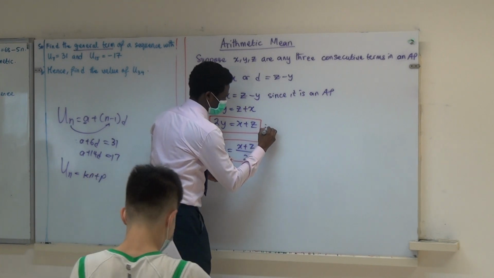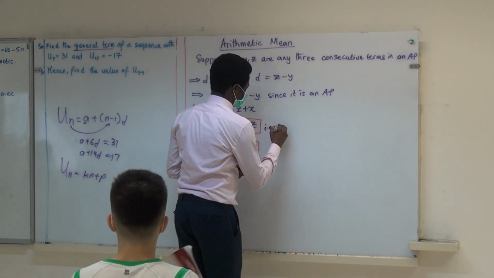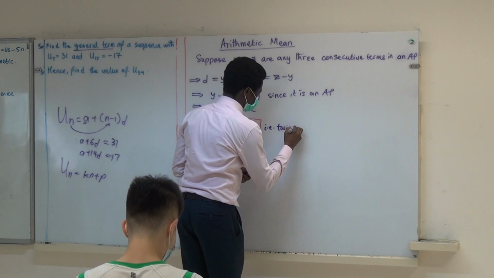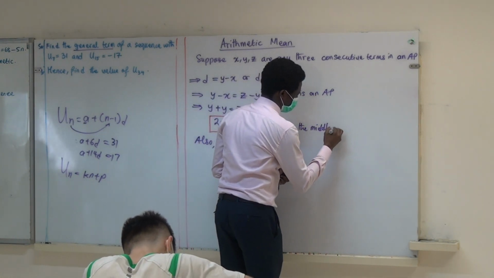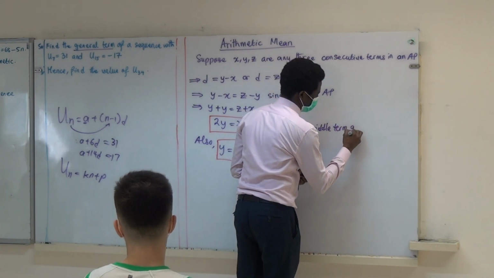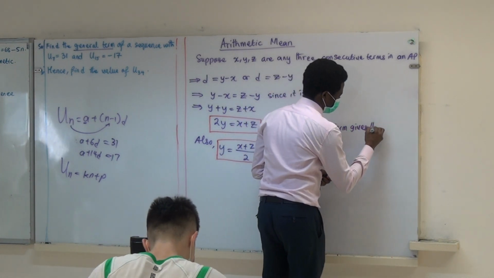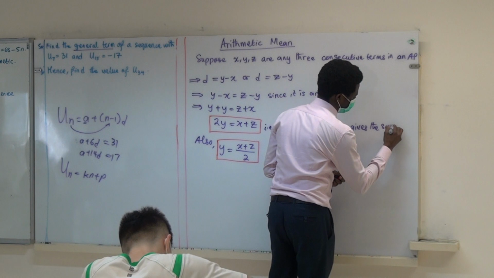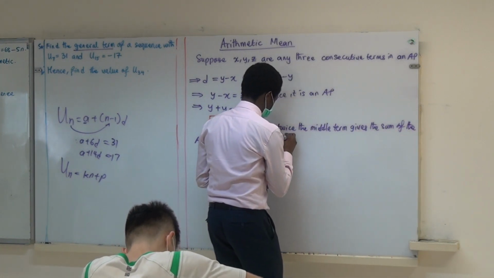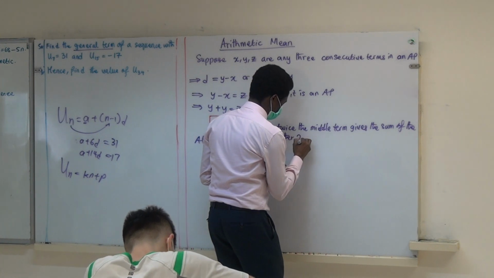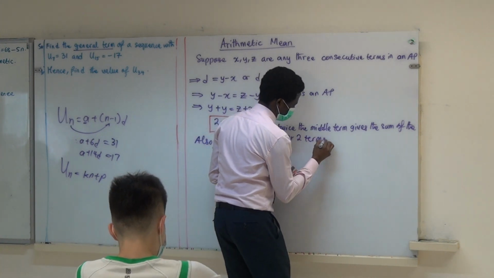So that is, twice the middle term gives the sum of the other two terms. Okay?